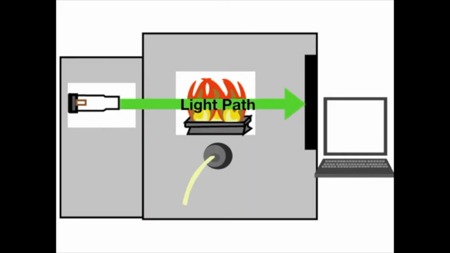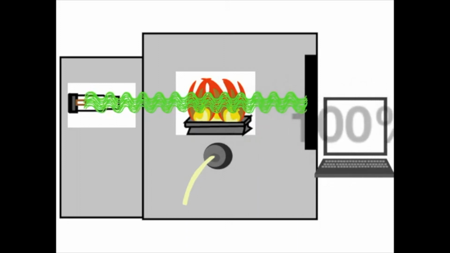The light source will pass through the flame, and the sample in the flame will absorb some electromagnetic radiation. The amount of the radiation from the light source absorbed by the sample should be proportional to the element concentration. So that is how you could determine the concentration of this trace element by using the AAS.